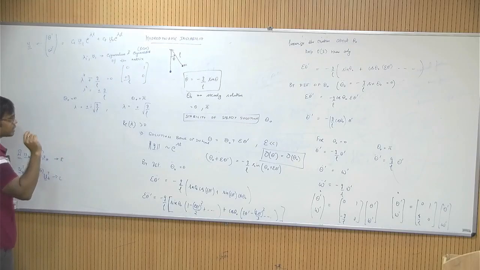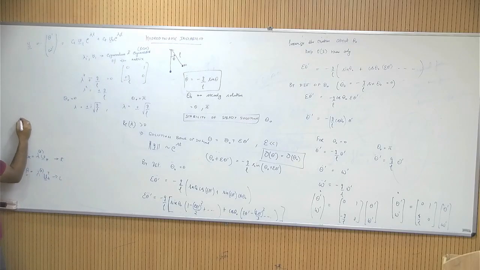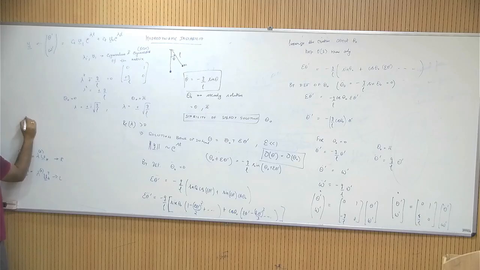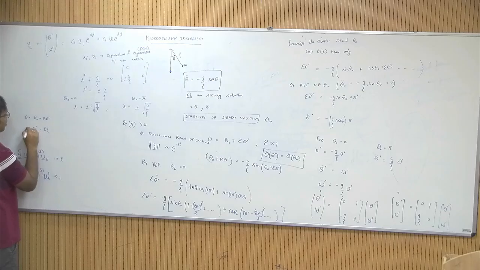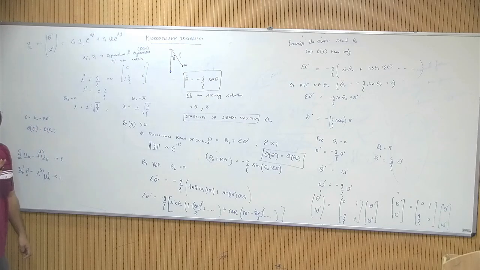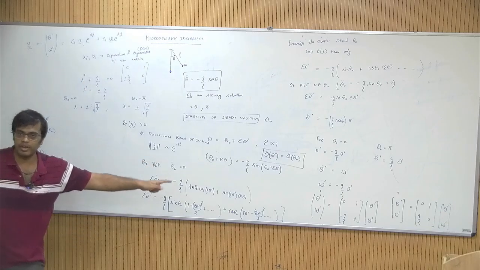Now there are some caveats here. If you recall what we did in our analysis, we said that theta is theta naught plus epsilon theta prime. We said that the order of theta prime is the order of theta naught. Theta prime is not allowed to grow to infinity, but it is still going to grow to infinity within the confines of linear analysis.